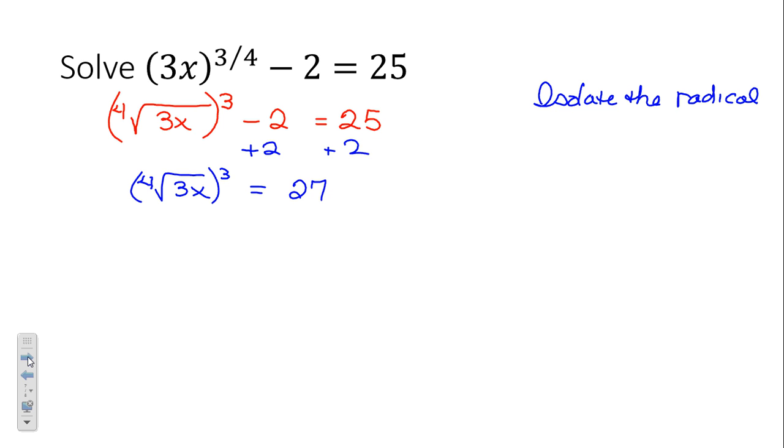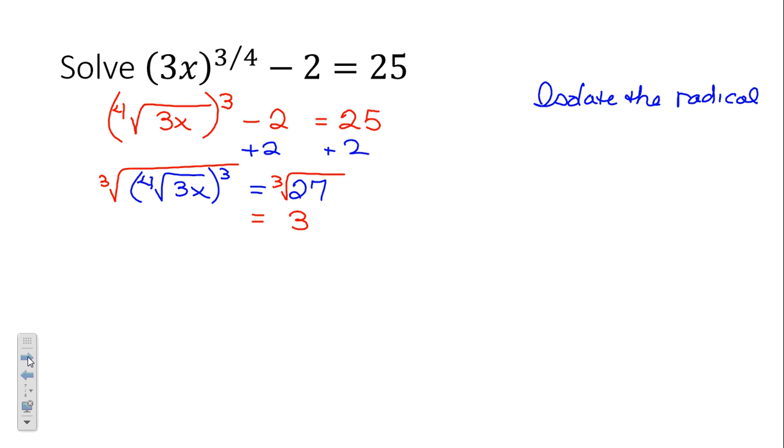Now let's take that guy apart. It's got a 4th root and it's being cubed. So let's do one thing at a time. Cube root it. Okay, let's take the cube root of both sides, because we know the cube root of 27, right? That's going to get us a 3.